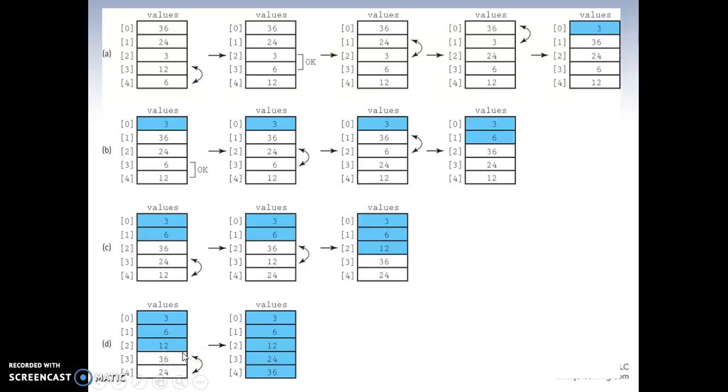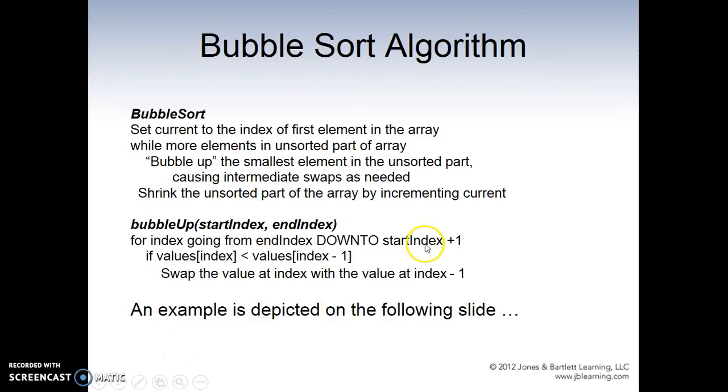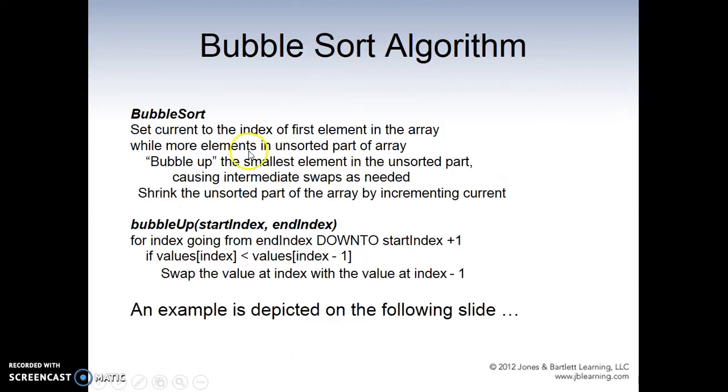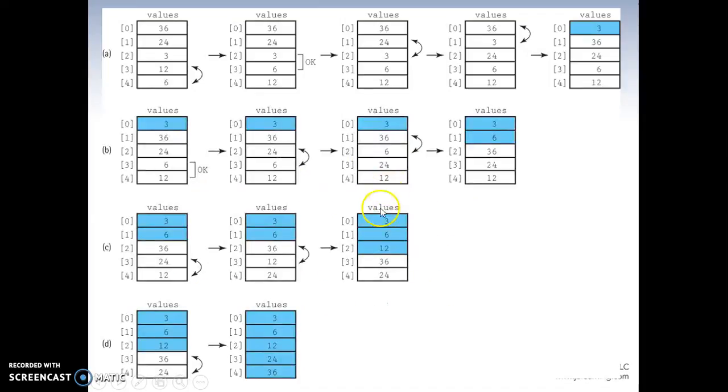And that's why we stop at start, right, down to start index +1. So start index is 3 + 1 down to 4. That's it. So this one is just comparing and done. And you see we exit the loop because there are no more elements in the unsorted part. All blue, this is the sorted part.